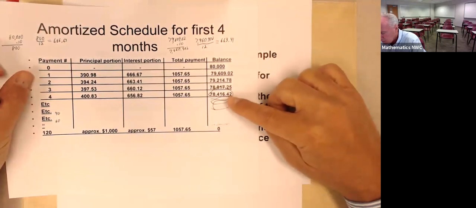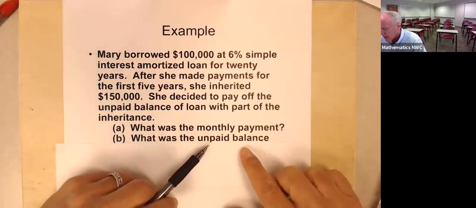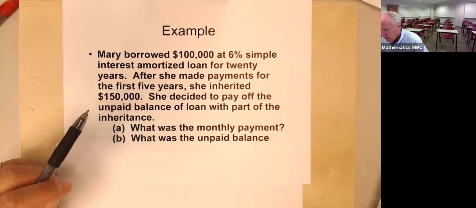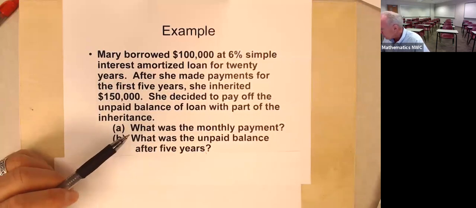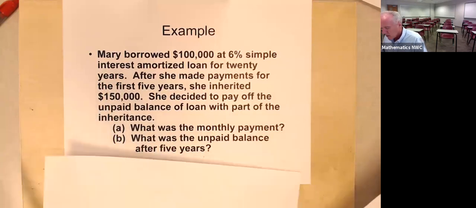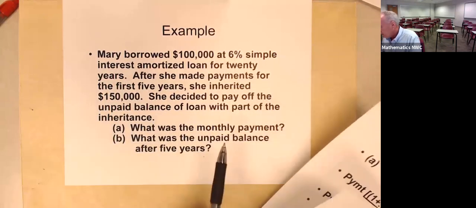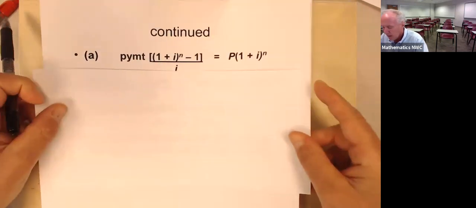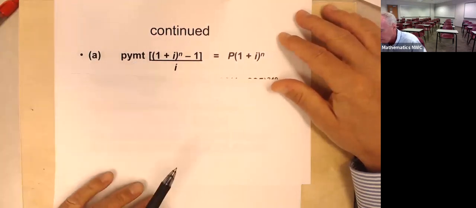But in the meantime, you still owe some particular amount. That's the unpaid balance. That's what we're looking to calculate. In this case, we're looking for that after 5 years. Okay? So first we got to find this monthly payment. I put it on here. This is our formula for that monthly house payment.